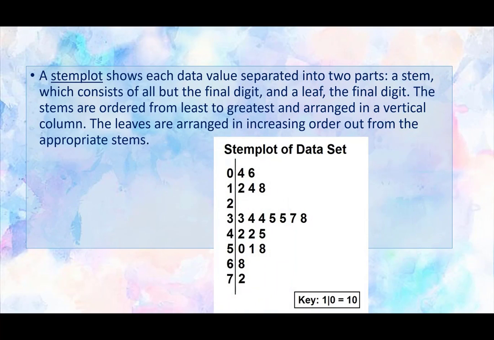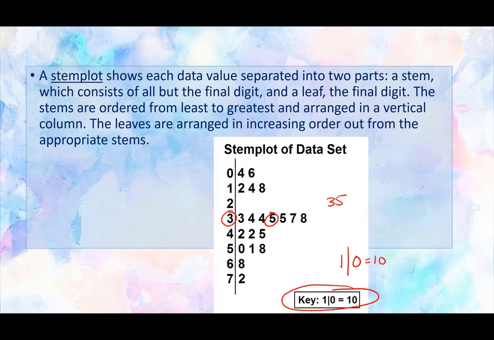Here's an example of a stem plot. The most important thing you need to see on this is the key down here at the bottom. If you see 1 line 0, that refers to a data value of 10. So if we take 3, 5 here, that is really 35.